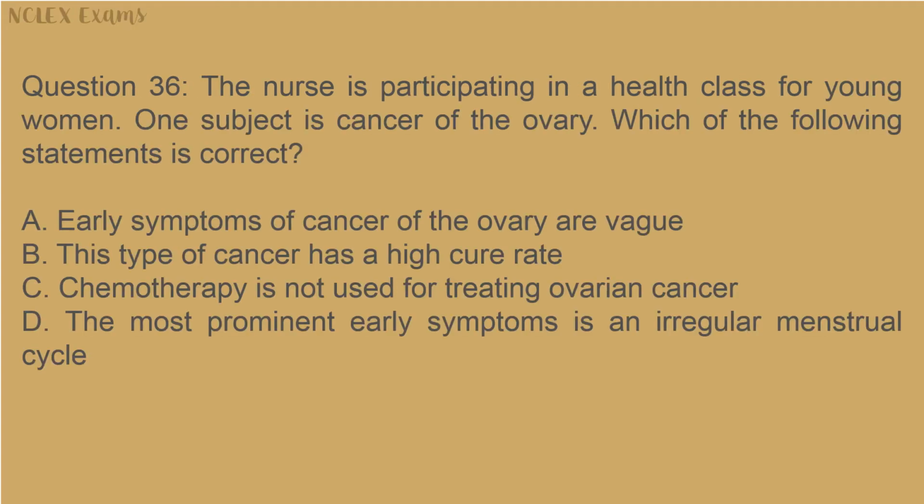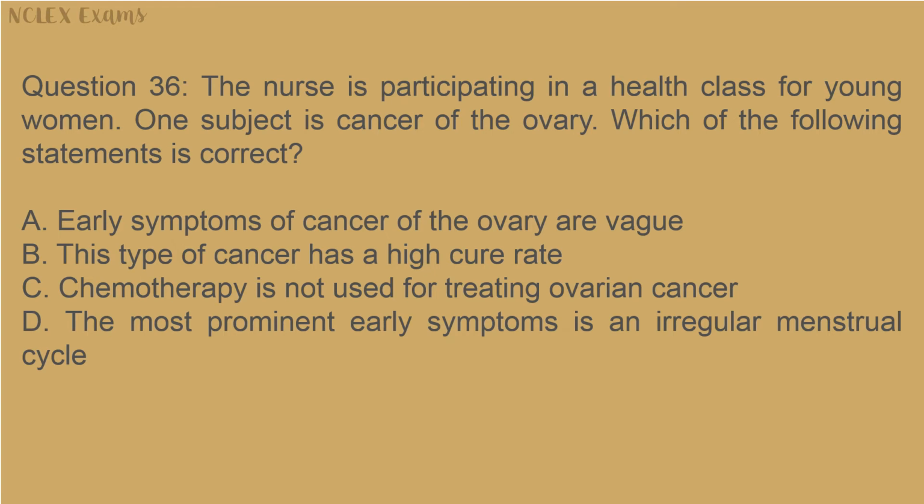Question 36. The nurse is participating in a health class for young women. One subject is cancer of the ovary. Which of the following statements is correct? A. Early symptoms of cancer of the ovary are vague. B. This type of cancer has a high cure rate.